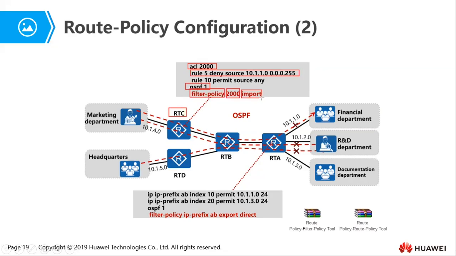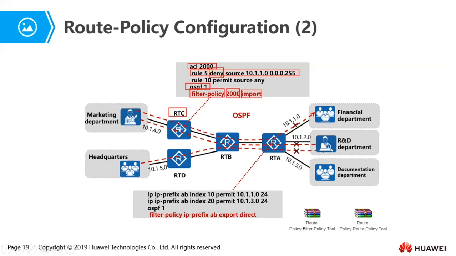Import means don't learn. When you want to receive a route that matches this ACL, then check the clause. Is it a deny or a permit? If it's a deny, then you cannot learn about that network. That is how we disable the marketing department from accessing the finance department.